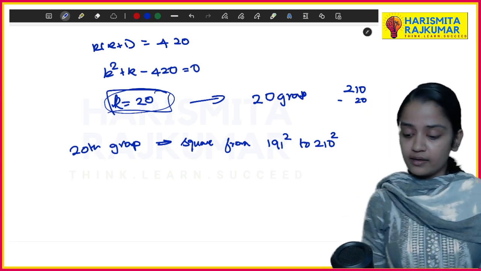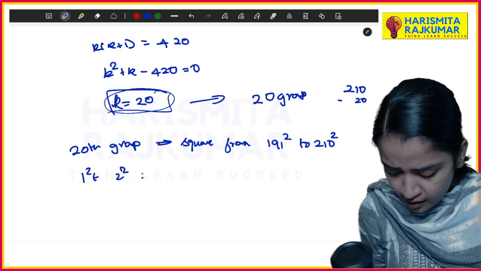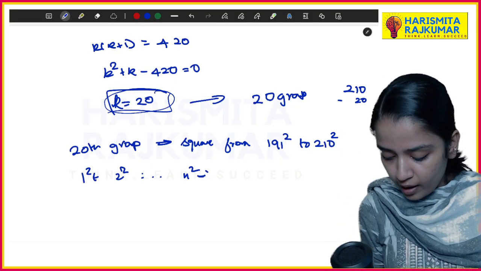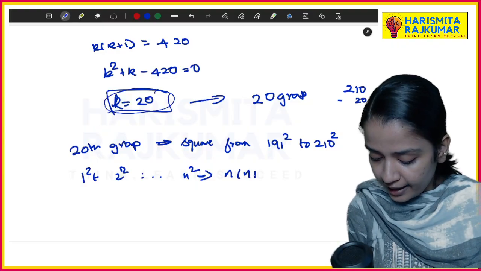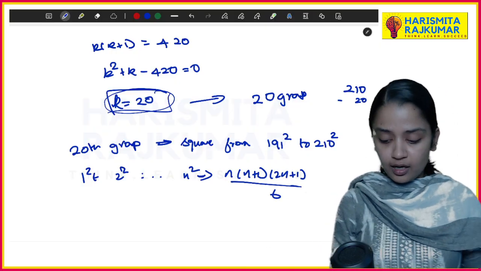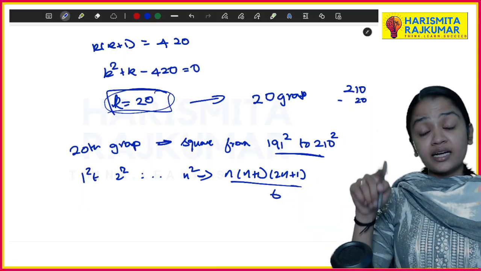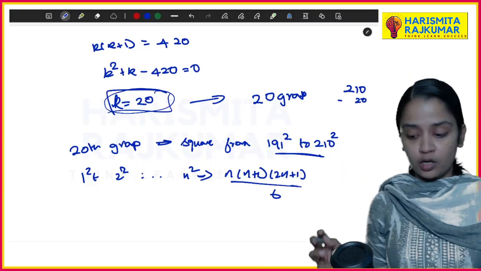To find 1 square, 2 square up to n square, you have the formula n into n plus 1 into 2n plus 1 by 6. So you have to find it for the last number, from 191 square to 210 square.